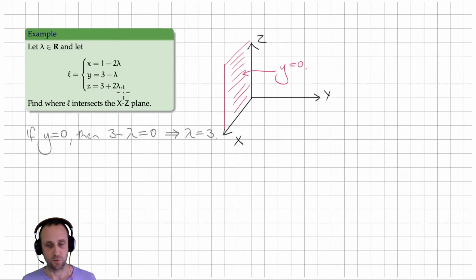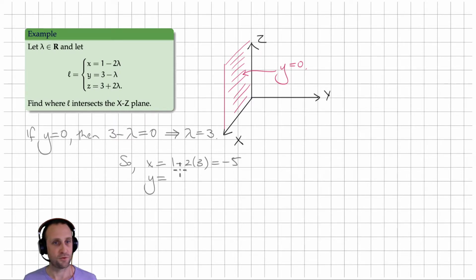Then it's just a simple matter of plugging that particular value of lambda into all of the equations here, and we'll get what we want. So, hopefully we will. X is going to be equal to 1 take 2 lots of 3, which is minus 5. Y is going to be equal to 3 take lambda.